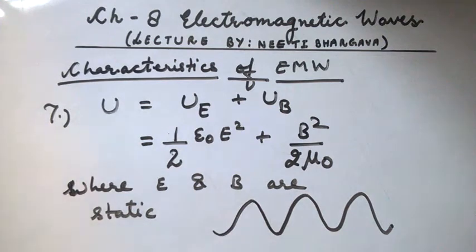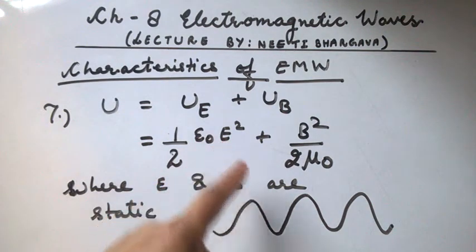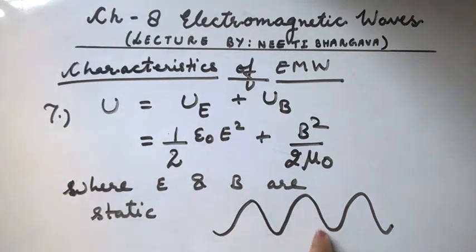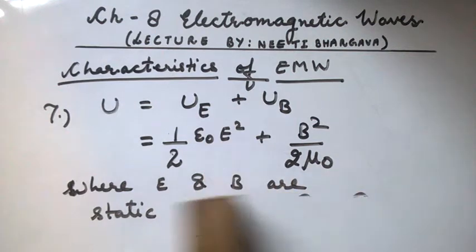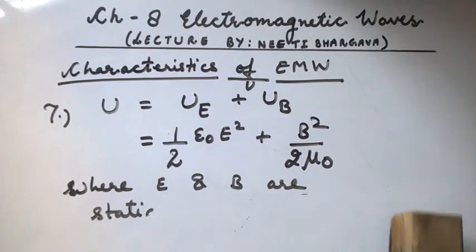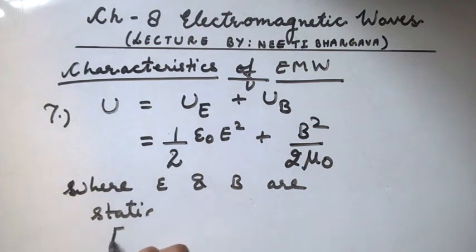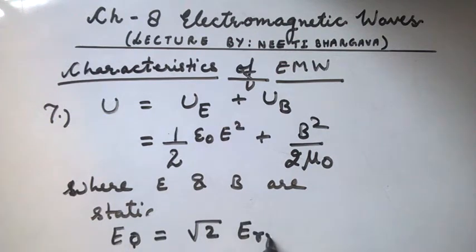As the electric field is varying with time, we change its value to its root mean square value. As we have already studied, the amplitude of the electric field, or its peak value, is equal to root 2 times its ERMS value. Therefore, ERMS is equal to E naught by root 2.